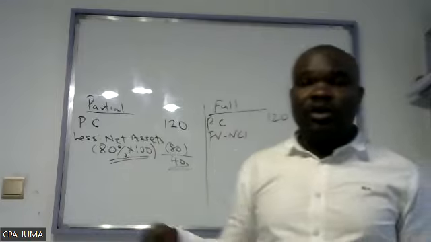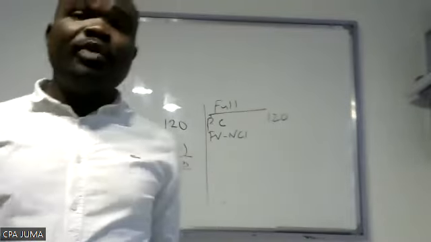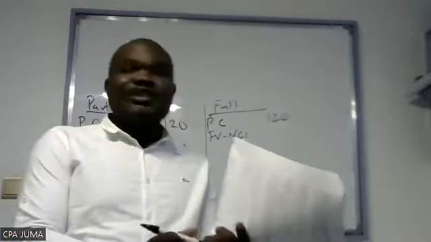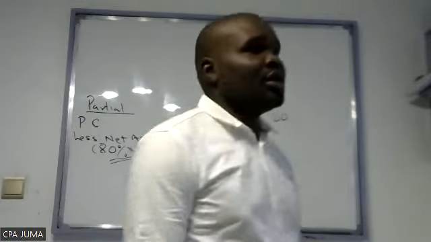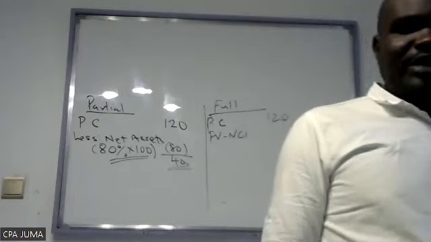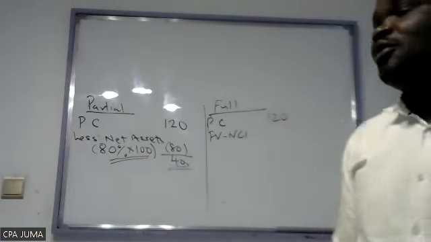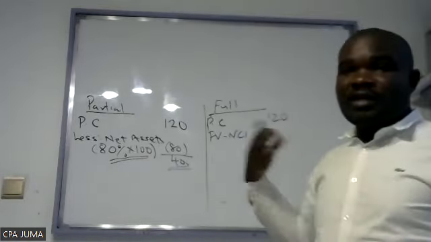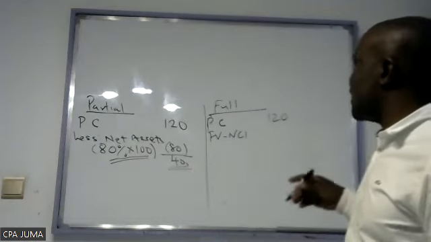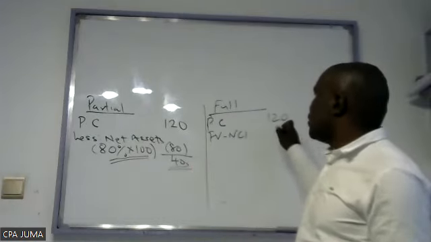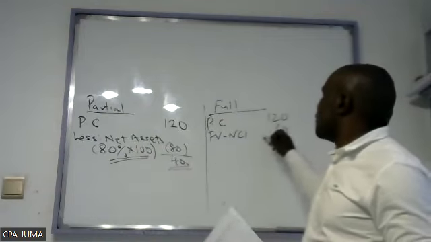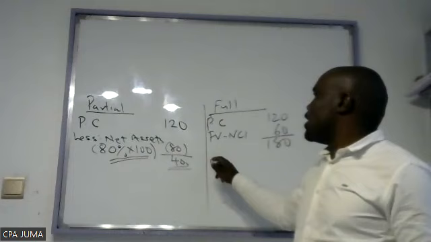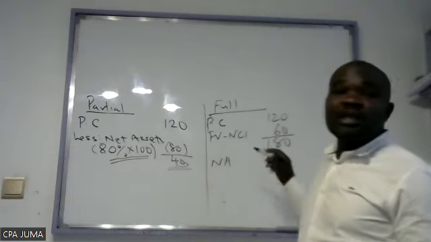Okay, the minority, I like calling them noisemakers because before the AGM they make a lot of noise. You know, when people are few they agitate, saying today that chairman must go. They make a lot of noise, but when it comes to voting they lose. So when you hear us say noisemakers, those are NCI. So the minority were having a value of 60. So we report 180.